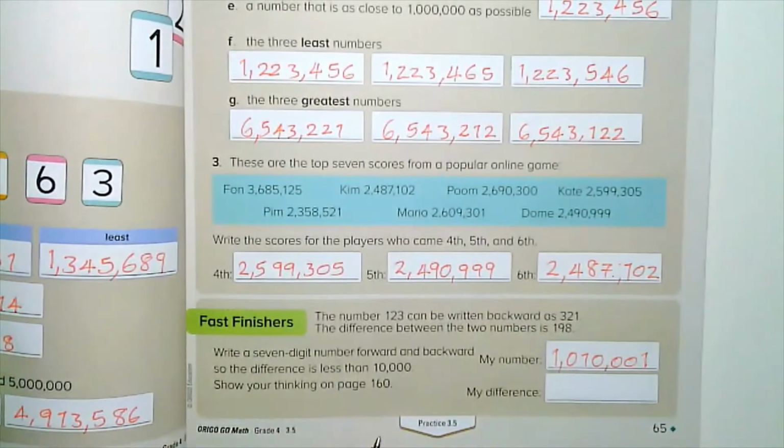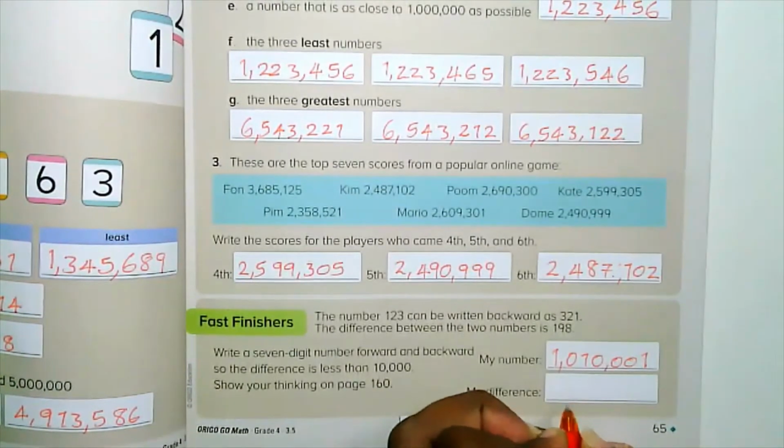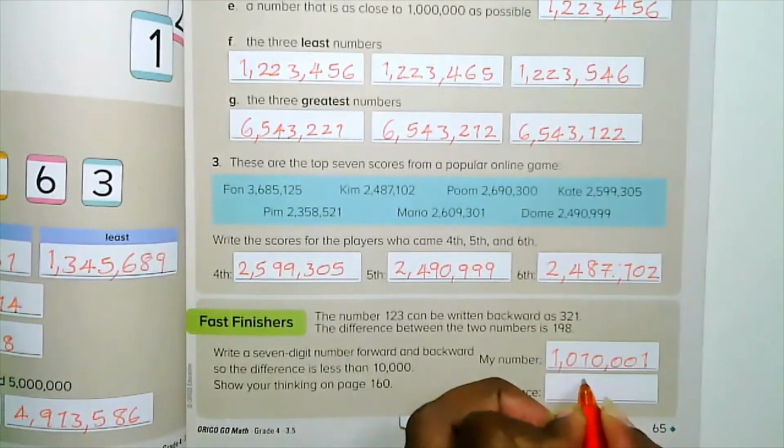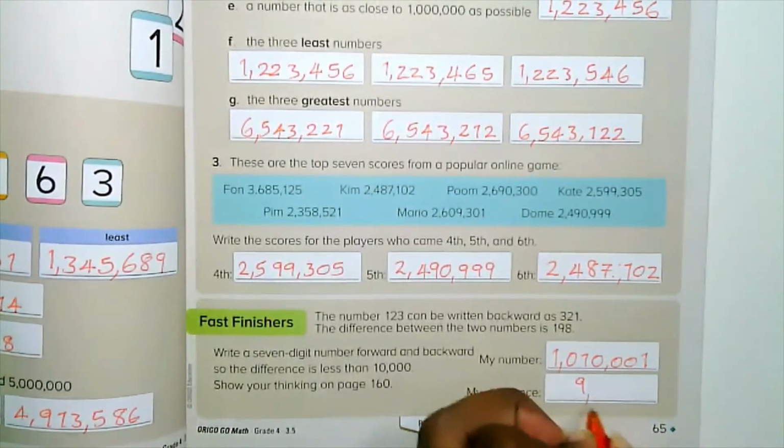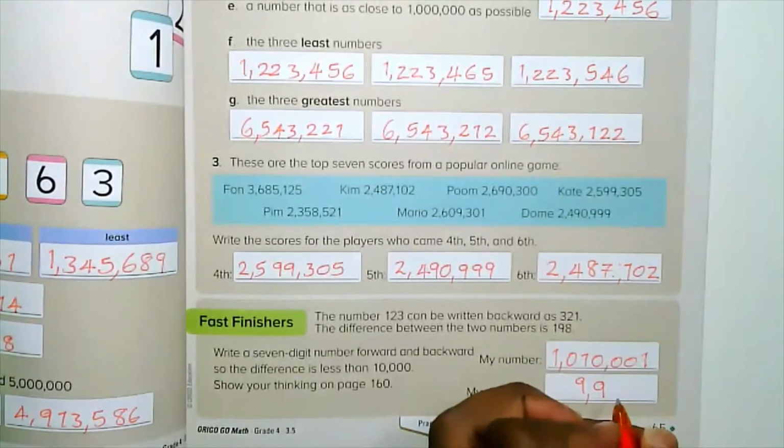So the difference is 10,000. So our answer will be, the difference here will be 9,900.